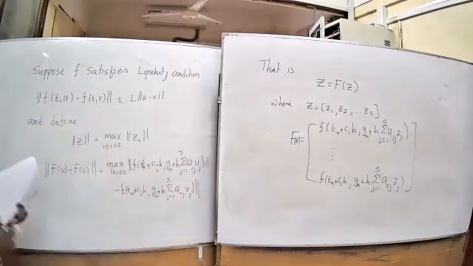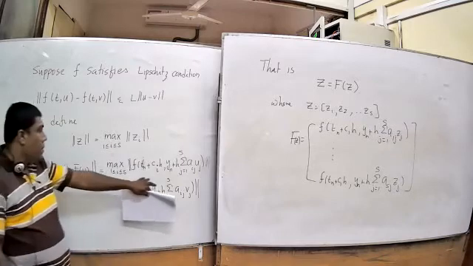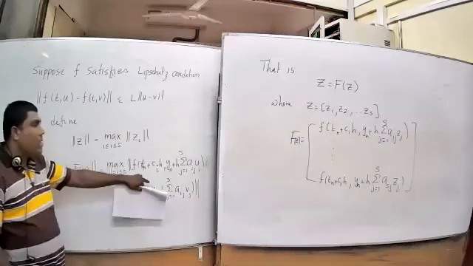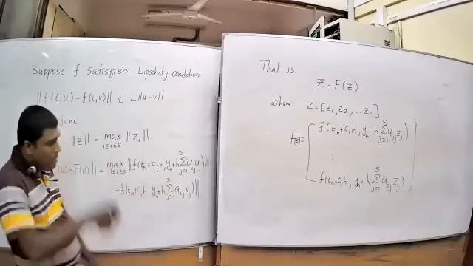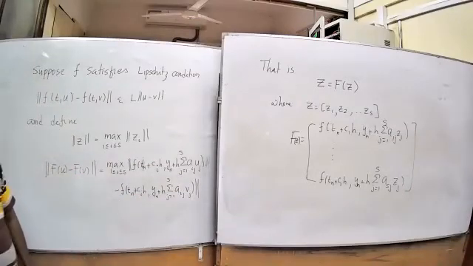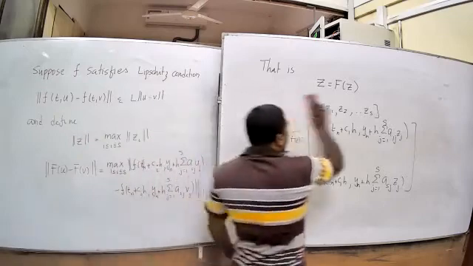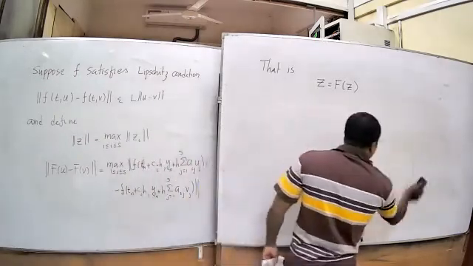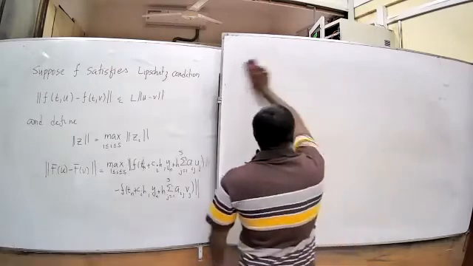Okay, so eventually, if you define a function capital F like that, then you find F of U minus F of V, which is basically, because of the way you define the norm, going to be maximum of this minus maximum of that, right? So then you try to apply the Lipschitz condition, right? Very similar to what we did there in the explicit formula. We are going to do the same thing here, right?